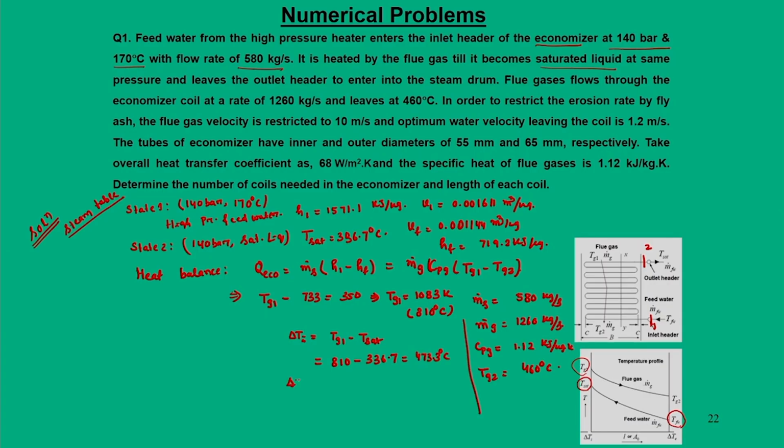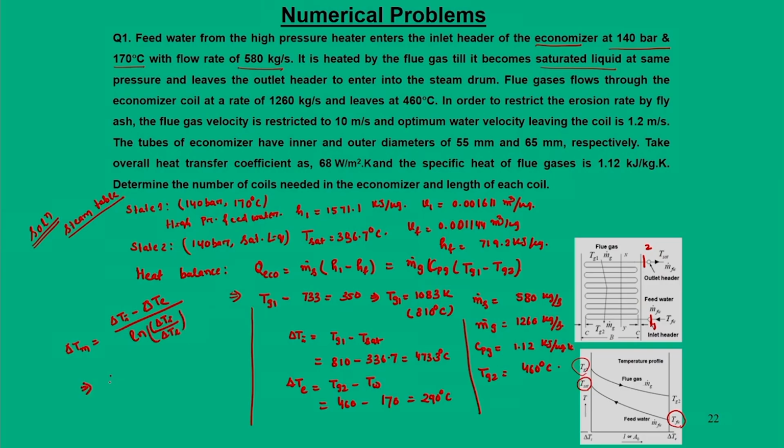Then delta Te, that is Tg2 minus Tfw, is 460 minus 170, as the data is given, so it is 290 degree centigrade. From this we can find delta Tm, which is (delta Ti minus delta Te) divided by ln (delta Ti by delta Te).